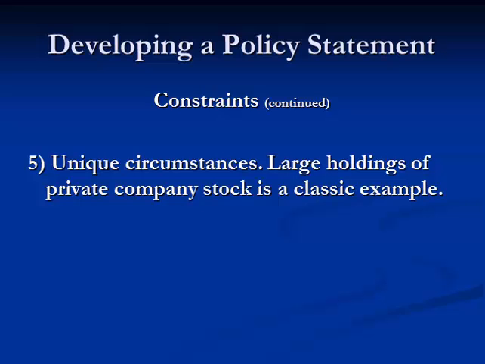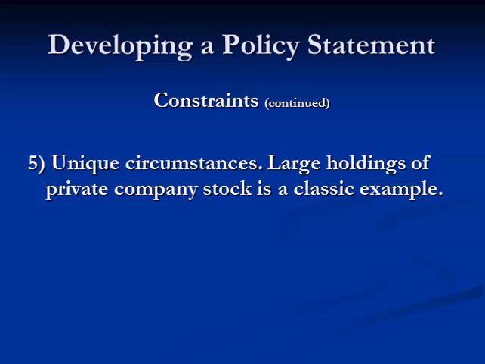The most common, classic example of unique circumstances are people who hold large amounts of stock in a particular company, usually the company they work for. And this is a constraint. This is a classic problem that shows up in the world of finance. People invest in the company that they work for because they think it's safe.